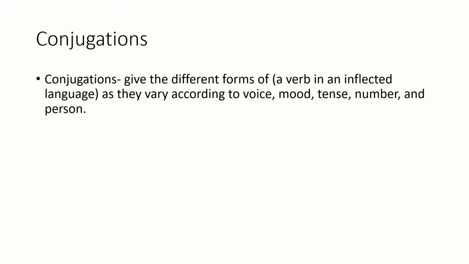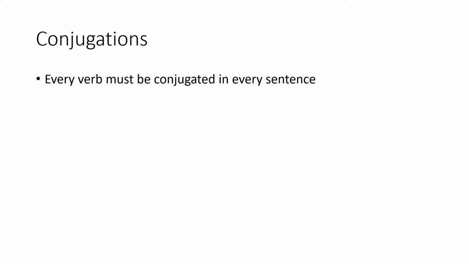In German, there are conjugations, and the definition is to give the different forms of a verb in an inflected language as they vary according to voice, mood, tense, number, and person. So every verb must be conjugated in every sentence that you make in German, because verbs will always be in sentences.